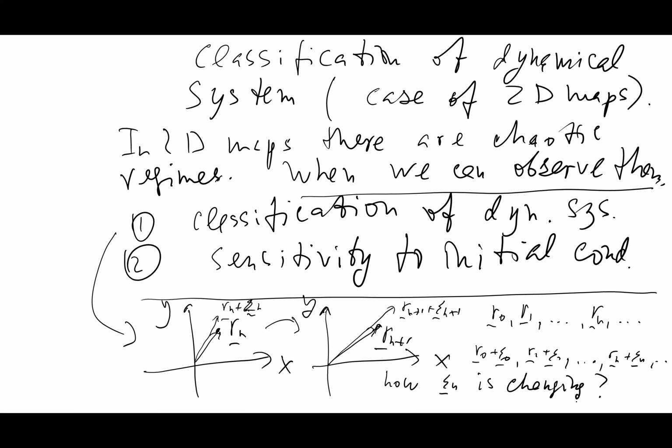This vector tells us whether these two orbits converge, diverge, or just stay nearby. This behavior of epsilon n, whether it is increasing, decreasing or not, is related to sensitivity to initial conditions, obviously, but it is also used to make classification of dynamical systems.